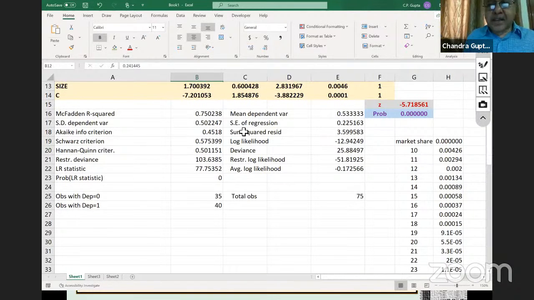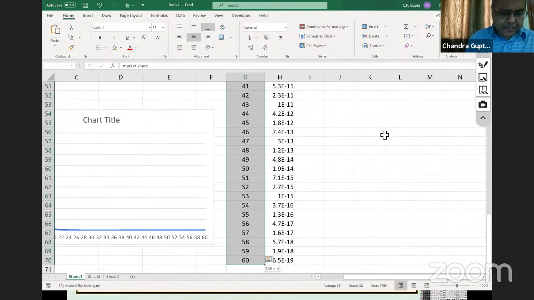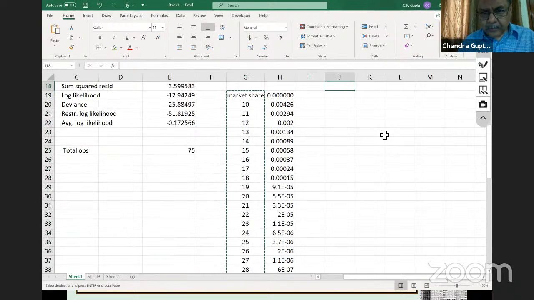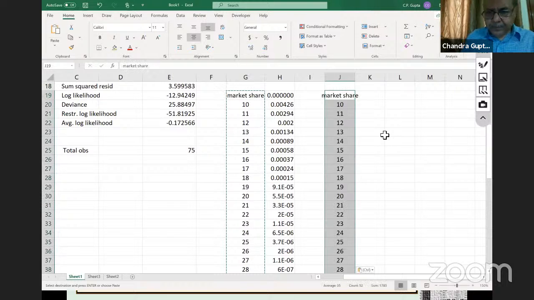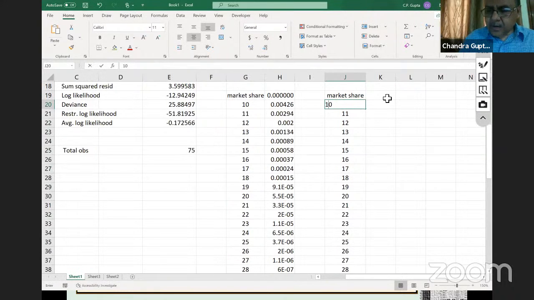We are studying the change in the probability, the marginal analysis, what we are doing for different values of the independent variable. Suppose I take the market share. Suppose I started with 0.1.